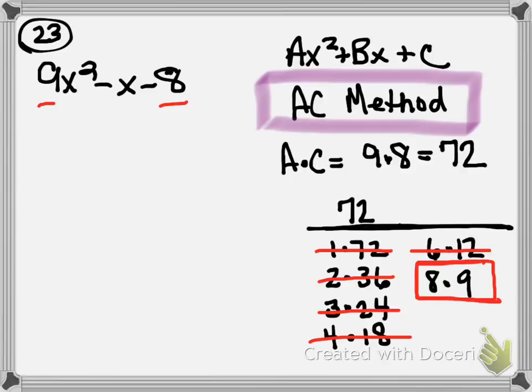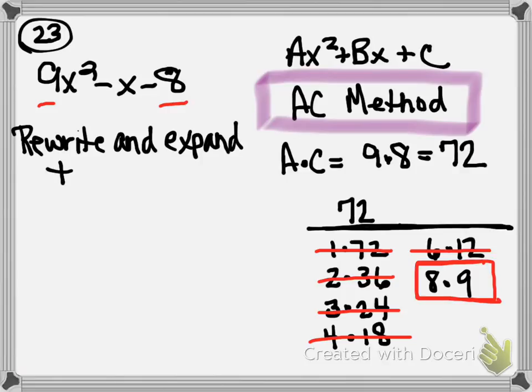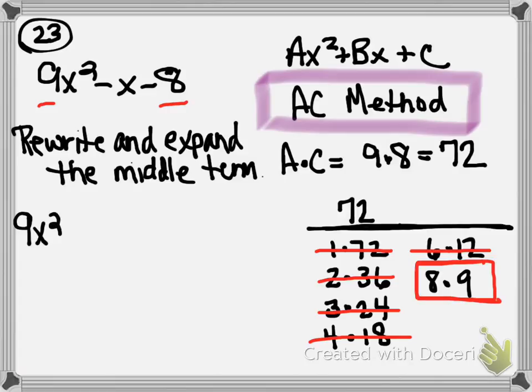So with the AC method, what you have to remember is to rewrite and expand the middle term. So it turns into 9x squared plus 8x minus 9x minus 8.